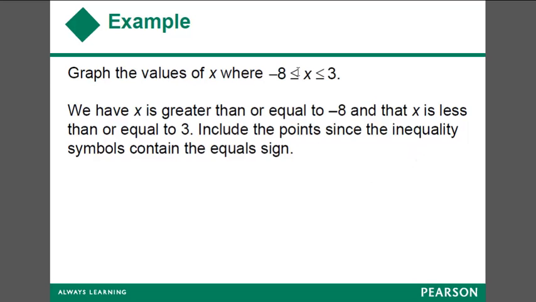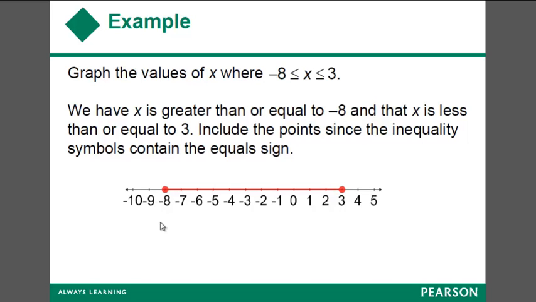Because remember, when we look at this on the left-hand side, we have to think about it in the reverse order. X is greater than or equal to -8. So we need to look at where they're in between -8 and +3. Notice that they both have the equal to portions, so they're both going to be closed circles, as we have here, between -8 and +3.